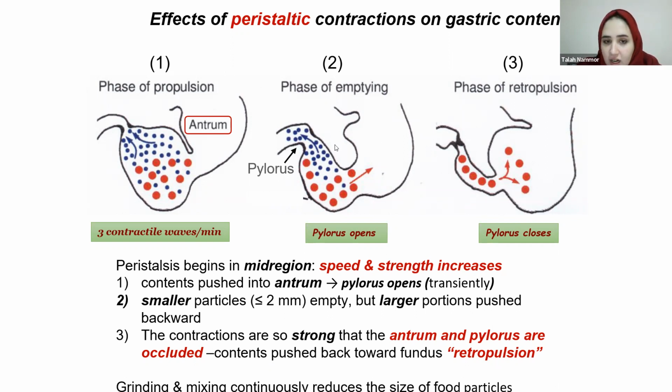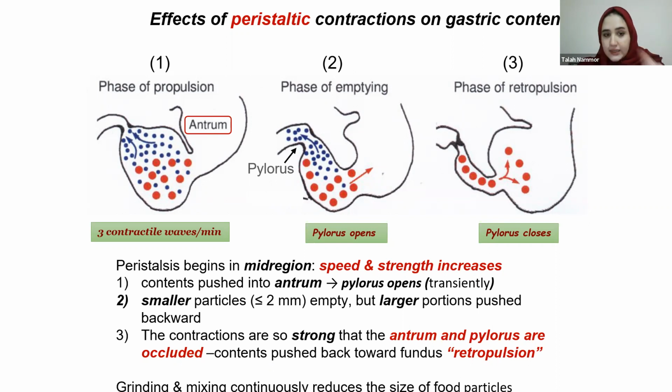You see how the antrum was contracting, pushing these in here, and the pylorus was open, and it allowed the small particles to pass. But once the small particles all passed and the large particles are trying to move in, first of all, the antrum is going to contract.